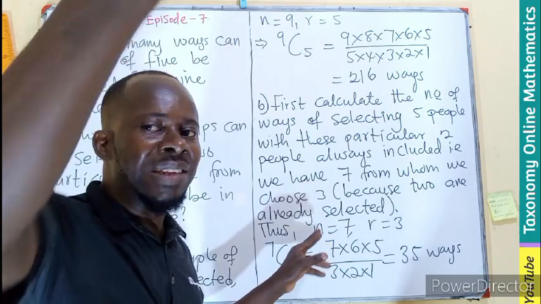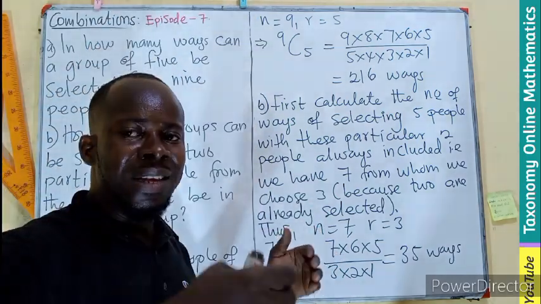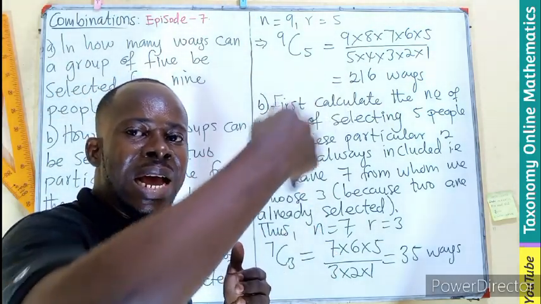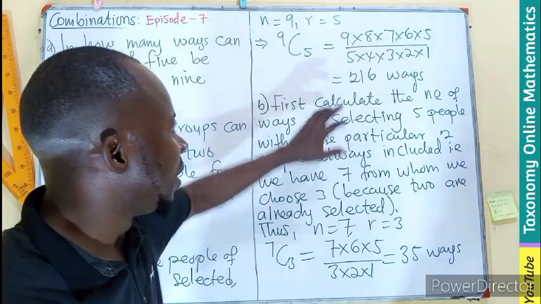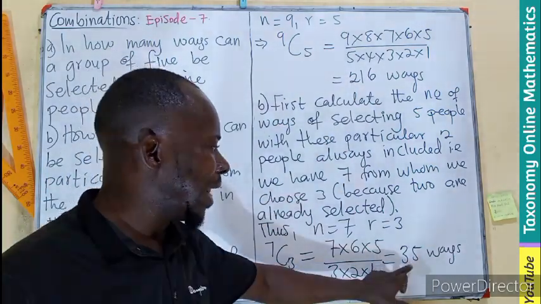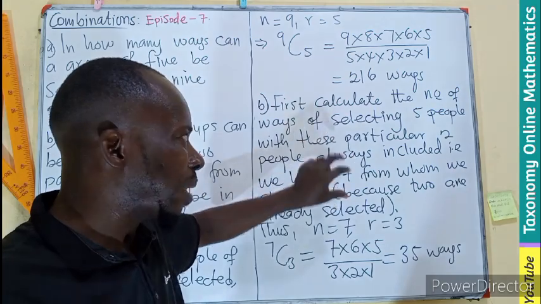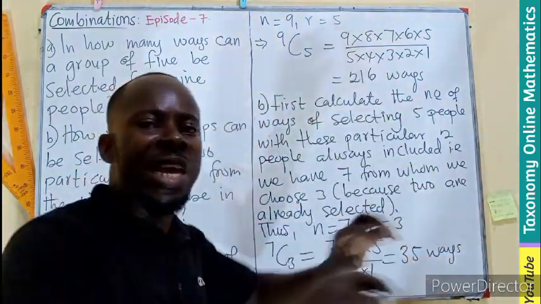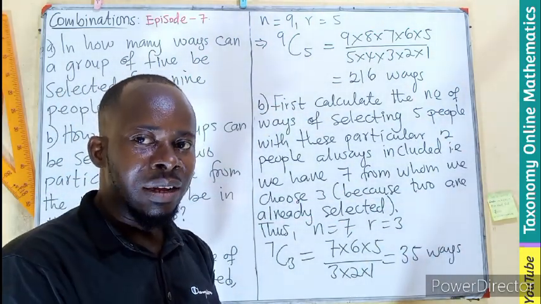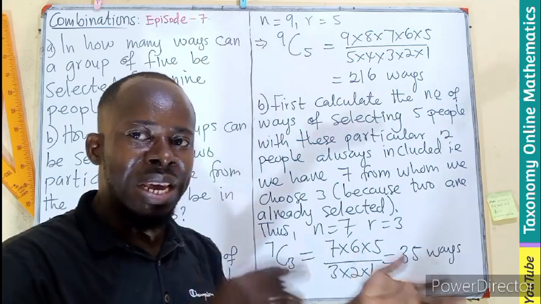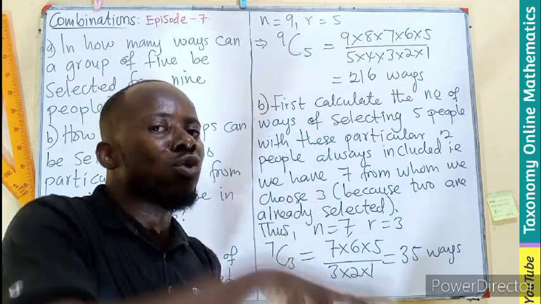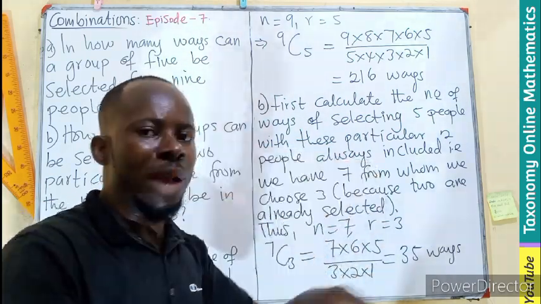The opposite is that when they are not included, it is left with the complement. So this number minus this will give me those groups when these 2 particular people are not together in the group. One of them can be in each group, but they are not both included in the same group.